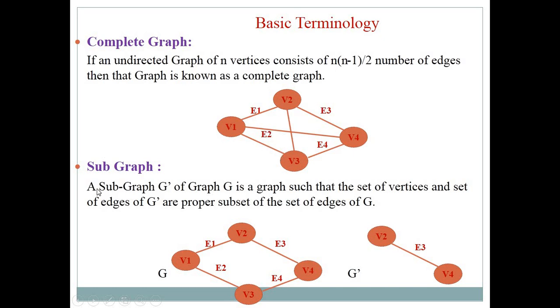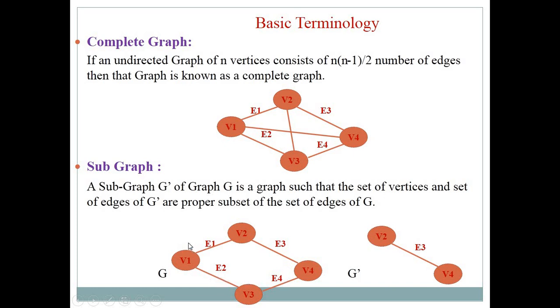Next is subgraph. A subgraph G dash of graph G is a graph such that the set of vertices and set of edges of G dash are proper subsets of the set of vertices and edges of G. Let's check here. We have graph G with vertices V1, V2, V3 and V4 and edges E1, E3, E4 and E2.